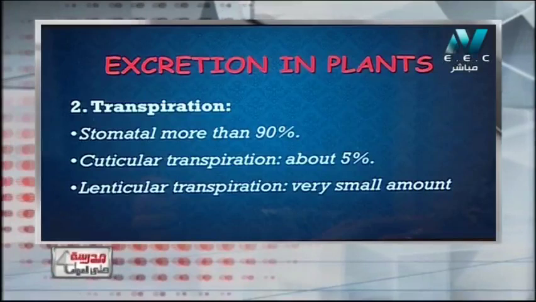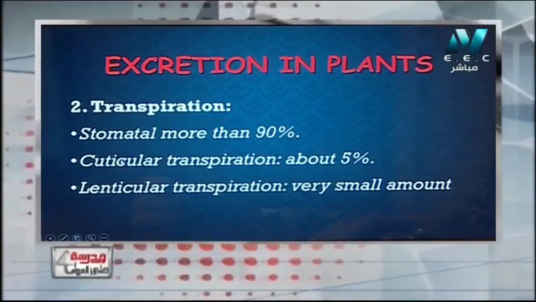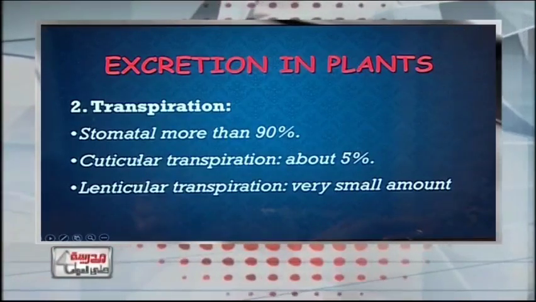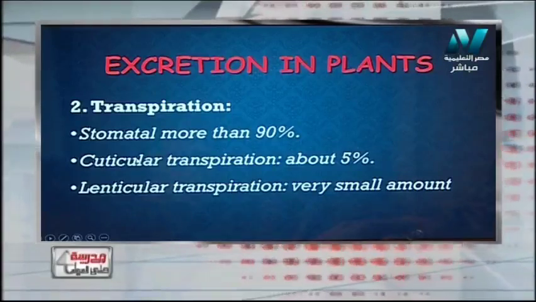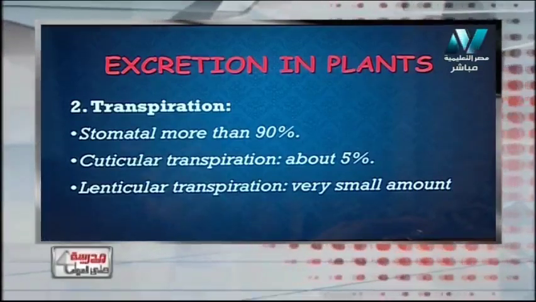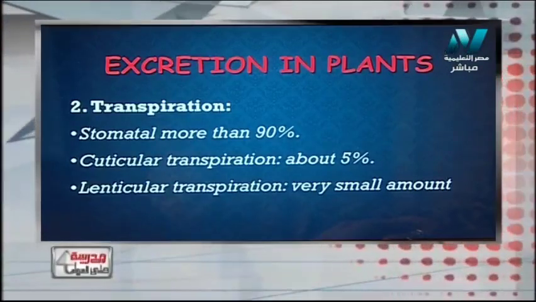This cuticle layer has a very important function. Its function is to prevent the evaporation of water from the plant, because the plant absorbs water from the soil and exerts a very high effort to absorb this water by osmosis.